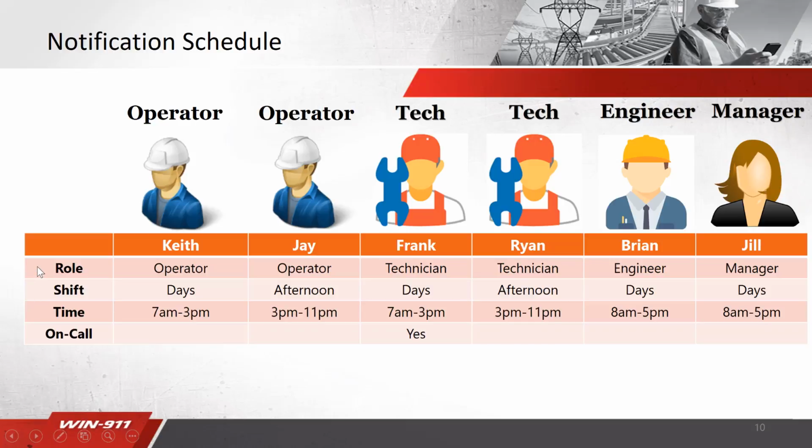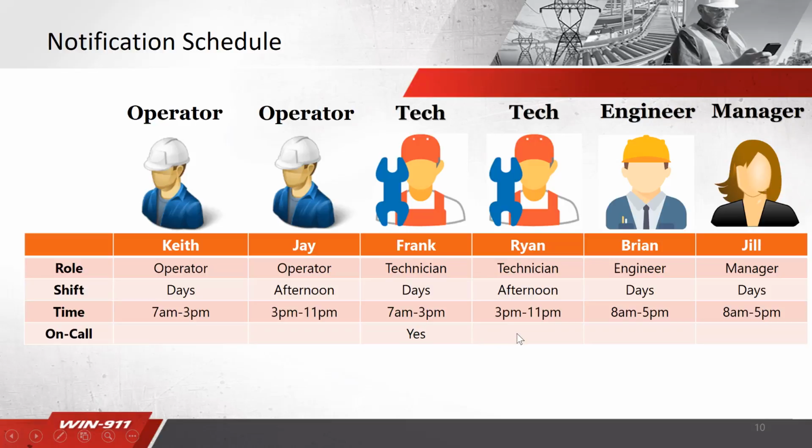Your role is nothing more than your job title. We have operator, tech, engineer, manager. Your shift is your schedule, similar to Outlook calendars. You have your day shift, your afternoon shift, your 7 to 3s, your 3 to 11s, and your 8 to 5s for managers. We also create a role called on-call, and this is something that can bounce between people.